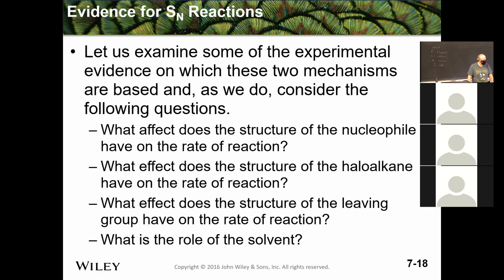Secondly, what effect does the structure of the haloalkane have on the rate of the reaction? Third, what effect does the structure of the leaving group have on the rate of the reaction? And what is the role of the solvent? These can all affect the type of mechanism and the rate of the reaction.